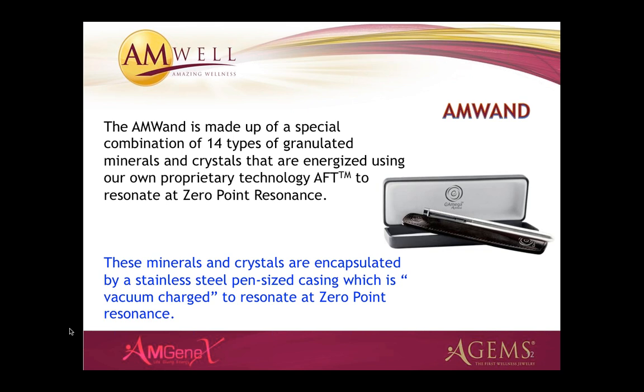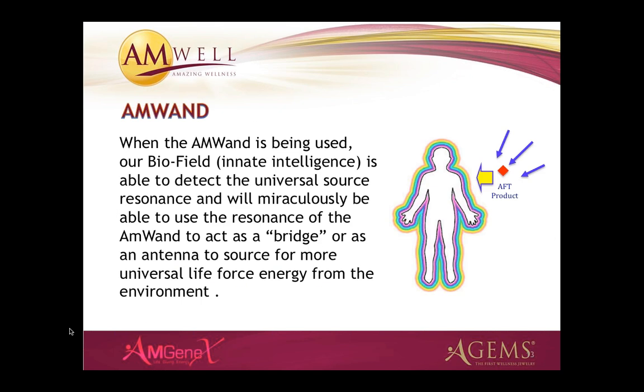And then it explains very clearly on the M1, as you all know that we have 3 different types of M1. It generally explains about the black tip one with the 14 types of granulated minerals, and how this M1 can be used in affecting the biofield to detect the universal source energy, and how our innate intelligence is able to use that as a bridge or an antenna to source more universal life force energy from the environment.